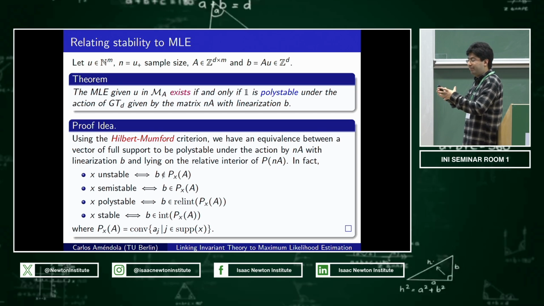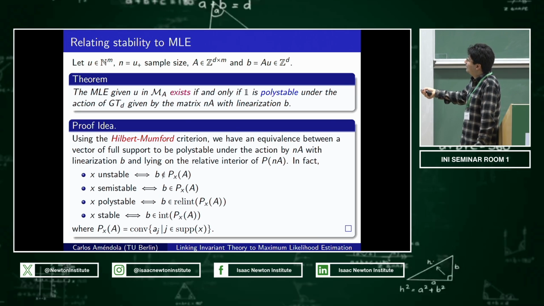You're looking at these sub-polytopes, and then the question is, well, stability is completely determined by where B lies with respect to this polytope. In particular, you will be unstable if and only if you're not part of the polytope. You will be stable or semi-stable if you are in the polytope.